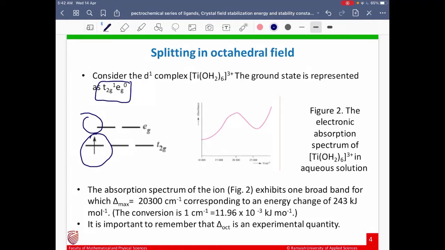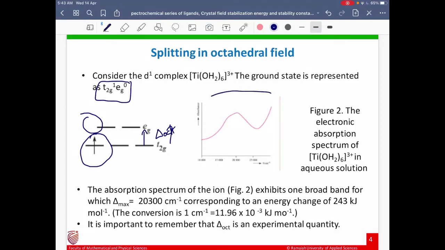So the amount of energy required for an electron to jump from t2g to eg in this octahedral field, we can name it as delta octahedral.